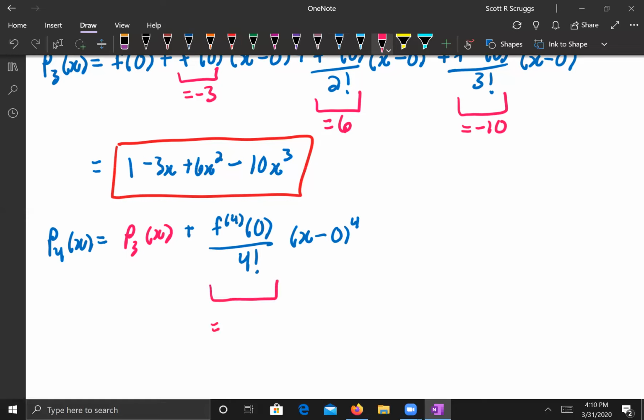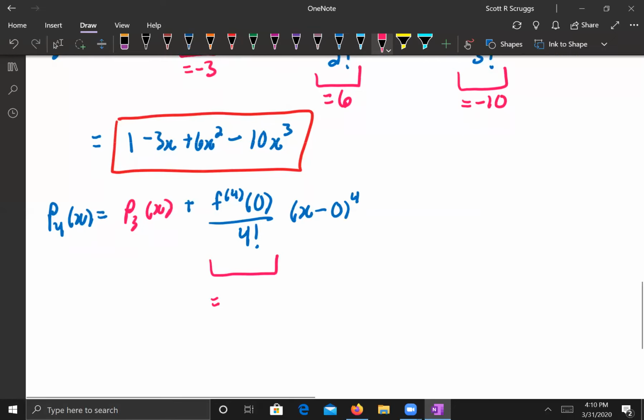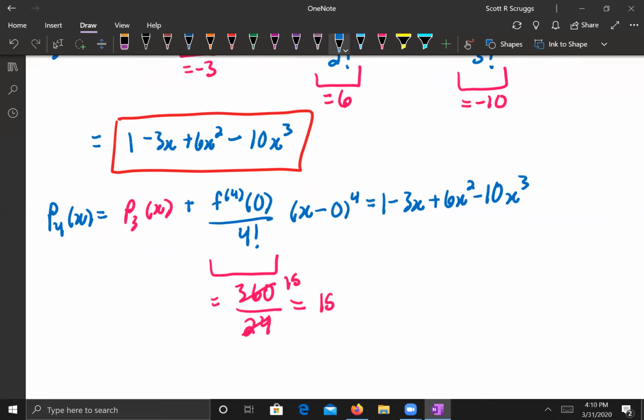We got that the fourth derivative at 0 is 360. The 4 factorial is 24 when I evaluate. 24 goes into 360 15 times, so that simplifies down to positive 15. Meaning that my fourth order Taylor polynomial is 1 minus 3x plus 6x squared minus 10x cubed plus 15x to the fourth. And there goes my final answer.